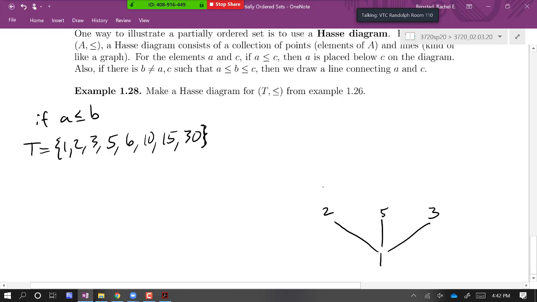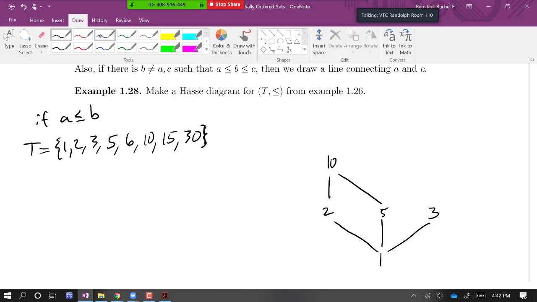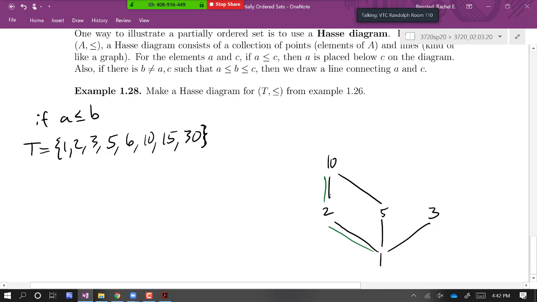Now 2 and 5 are both related to 10 because 2 divides 10 and 5 divides 10. So I'm going to put 10 over here. And I know that 1 divides 10, and that's already conveyed by that path and also by that path. I'm going to put 15 here because 3 divides 15 and 5 divides 15. 2 and 3 also divide 6, but 6 doesn't divide 10 or 15, so I'm just going to put 6 in the middle.